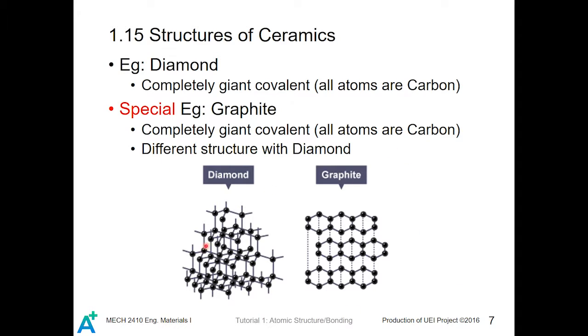You can see here, for diamond, the bondings extend throughout the solid. But for graphite, the covalent bonds extend only within a single layer, and layer to layer they are connected by secondary bonding, those dispersion forces.